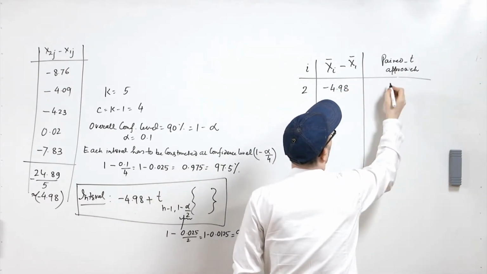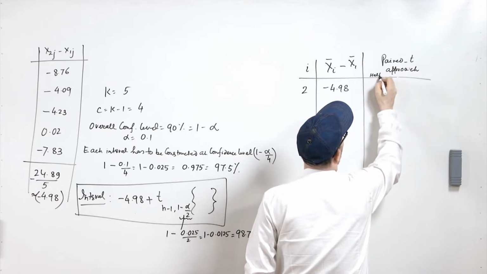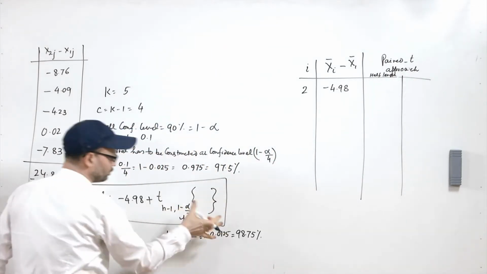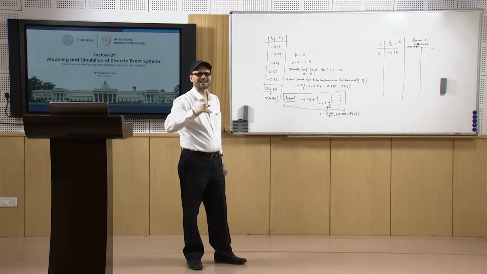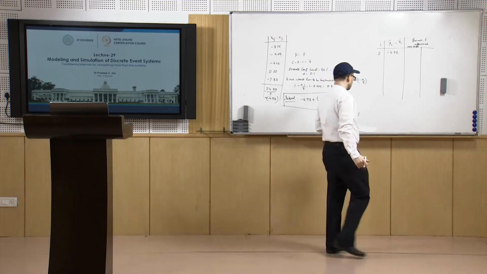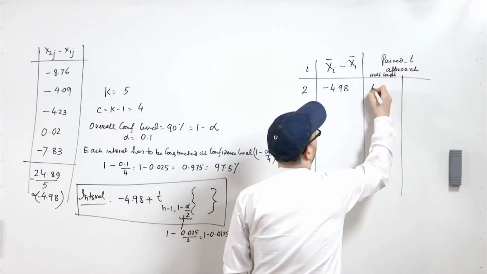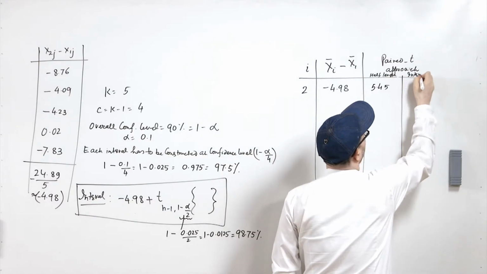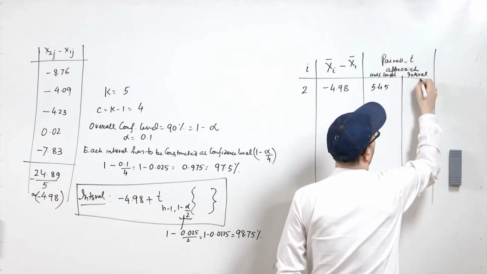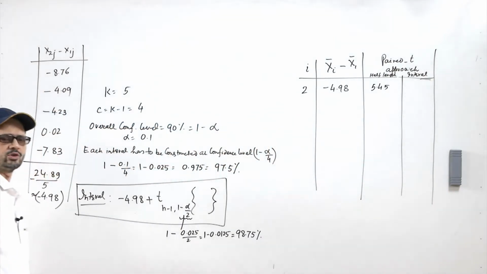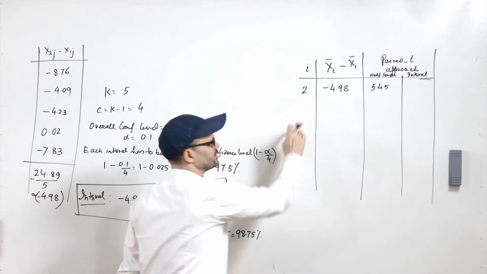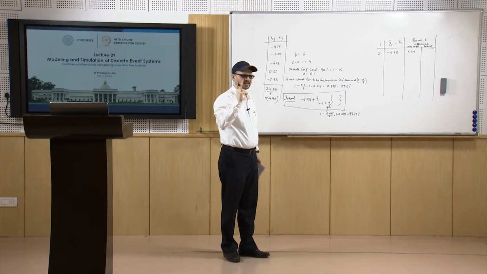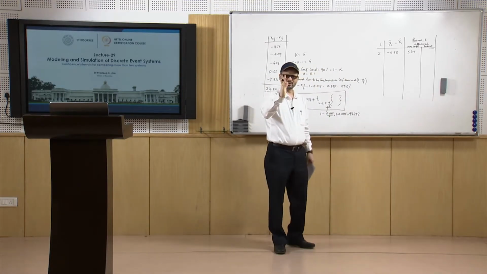Now, in this case what is the half length? This quantity which we have seen here, what we compute, becomes the half length, and the half length is computed to be something like 5.45. So, once we have the half length, we can compute the interval. This is basically for the second system, meaning the performance measure is the value of the second system, second replication, minus the first replication, that is, the first one was the standard one.